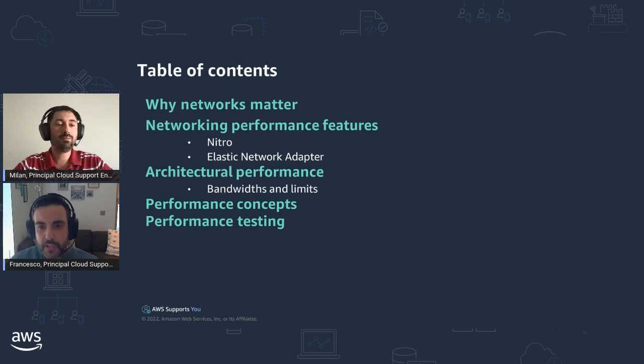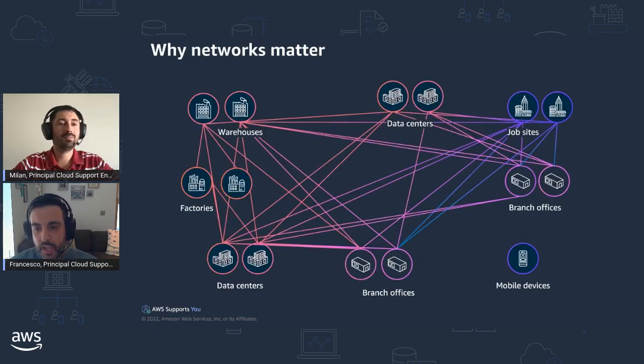Thank you, Milan. So, before we start diving into this, I just wanted to give a bit of context into why we decided to talk about this topic today. As you may know, customers use AWS for a lot of different purposes, from financial services to medical applications or data storage, or simply to expand their data center on the cloud.